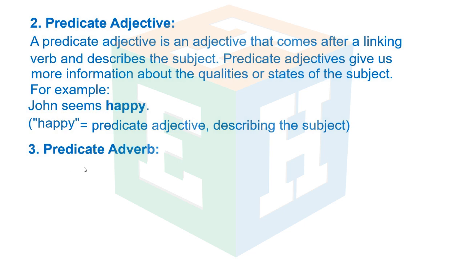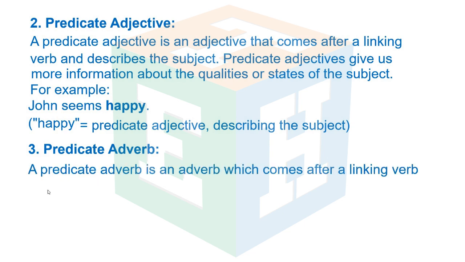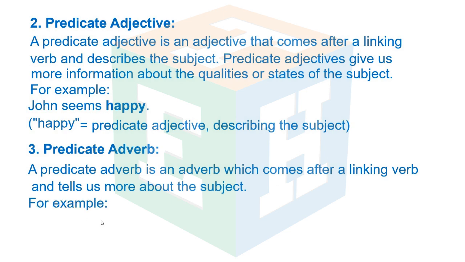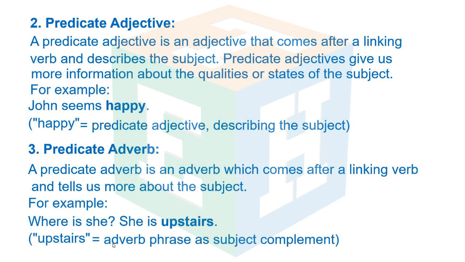Number 3, predicate adverb. A predicate adverb is an adverb which comes after a linking verb and tells us more about the subject. For example, where is she? She is upstairs. Upstairs is an adverb as subject complement.